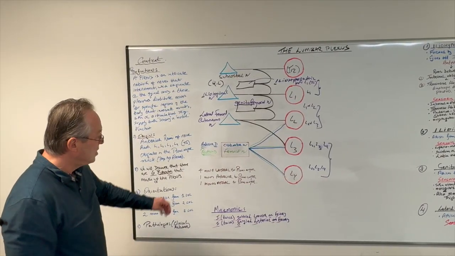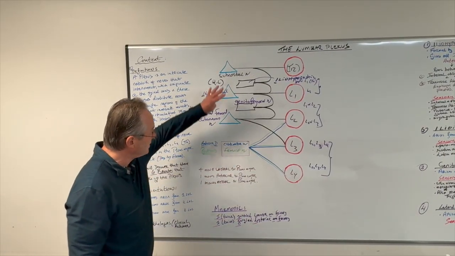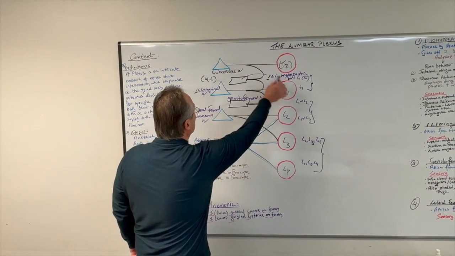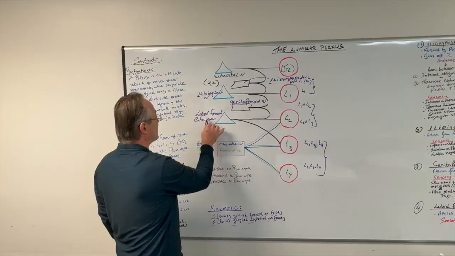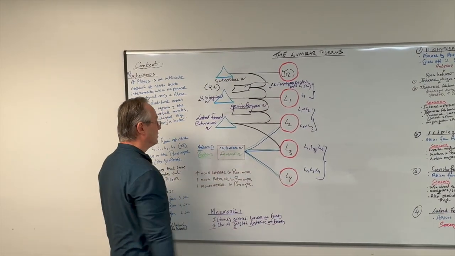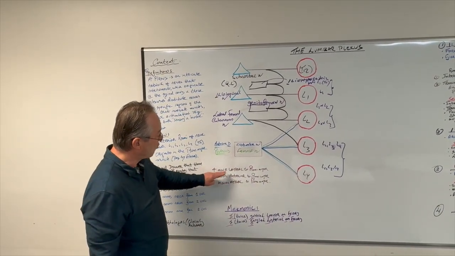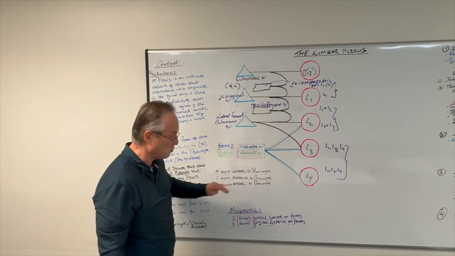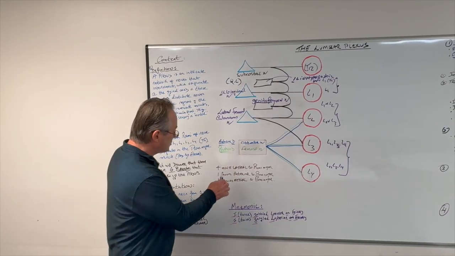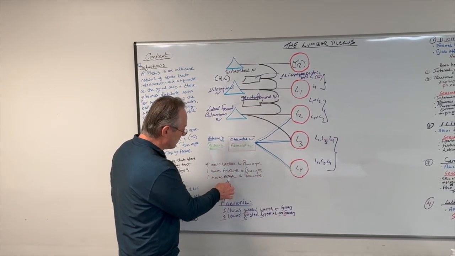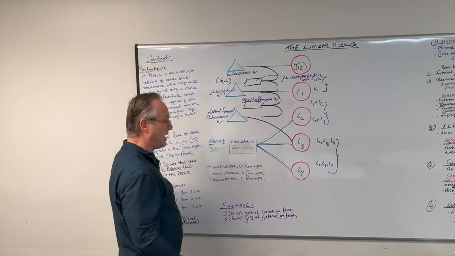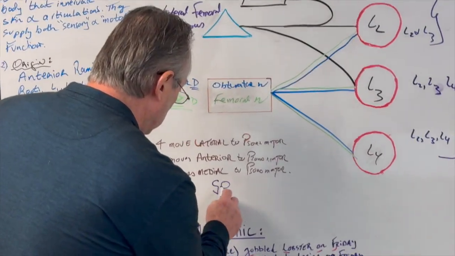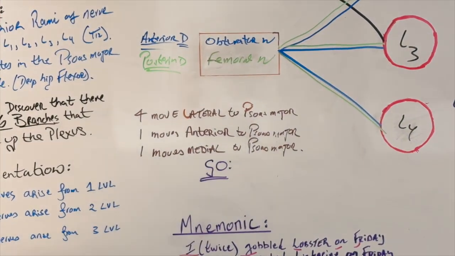Now, we said that four of these nerves, so that's your six. Iliohypogastric, ilioinguinal, genitofemoral, lateral femoral cutaneous, obturator, femoral nerve. Four of them move lateral to the psoas major, one anterior and one medial. Which one is anterior, which one is medial? And your little mnemonic is simply go. Go where?